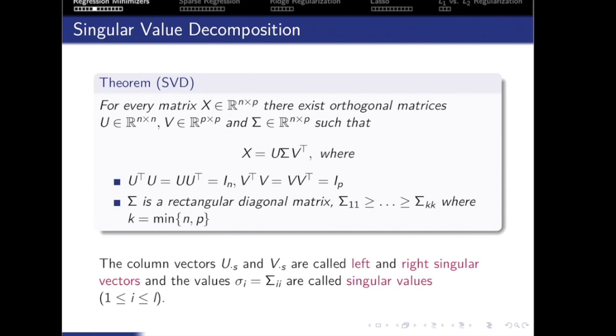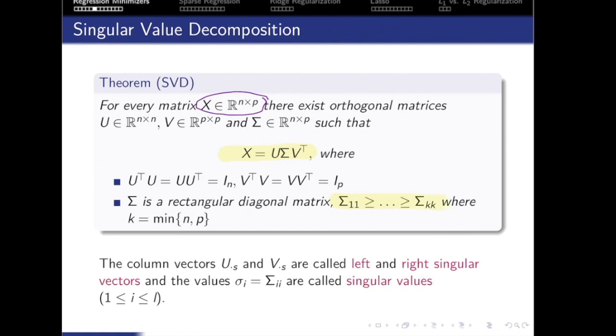So how was that actually defined? For every matrix X, for example our design matrix, there exist orthogonal matrices U and V and a diagonal matrix sigma, such that X is decomposed as U times sigma times V transposed. In sigma we have on the diagonal the singular values, which are ordered by their magnitude.